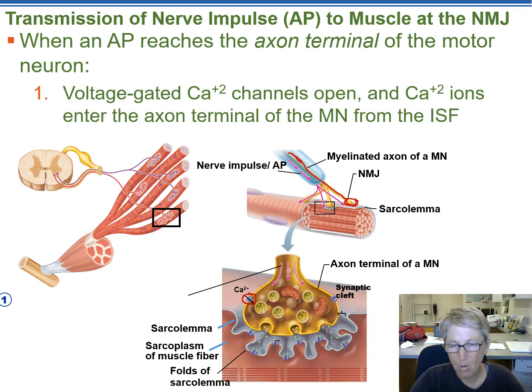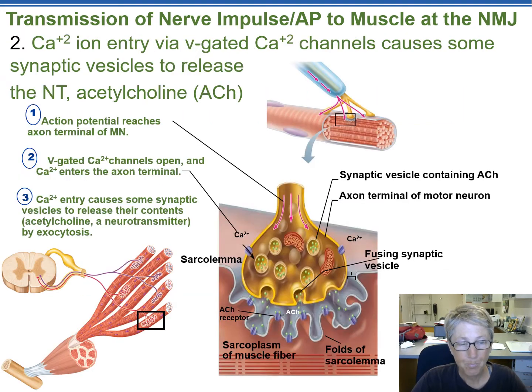And then what happens is a whole bunch of biochemistry that we won't talk about, but this calcium causes a series of molecular events that allows the vesicles in the axon terminal to release these little green things called acetylcholine. So acetylcholine is a neurotransmitter. Okay, and so you can see we've been doing steps.